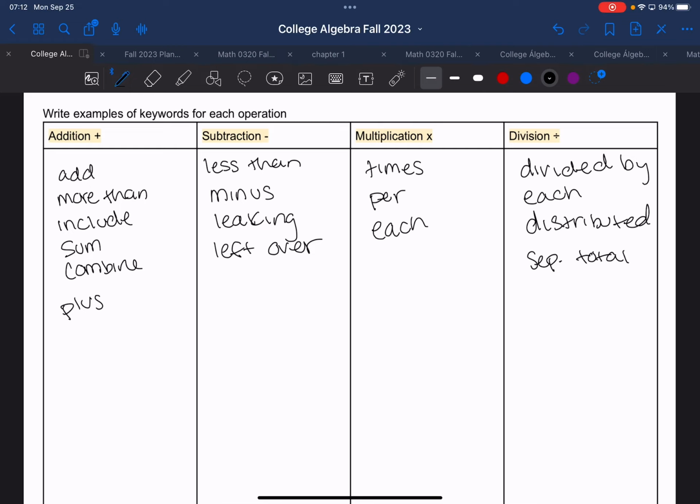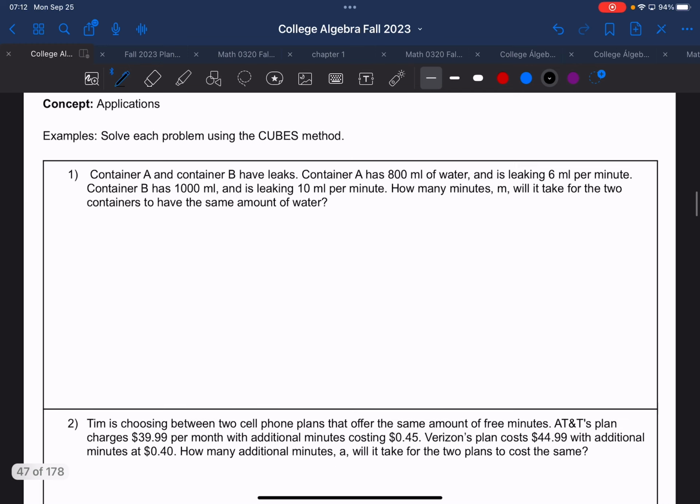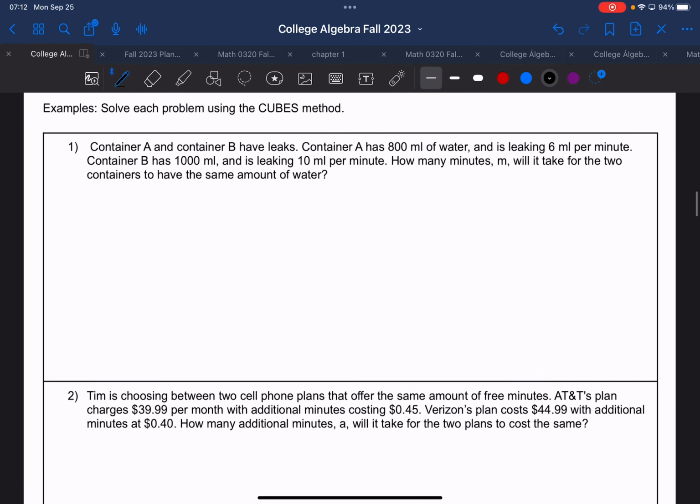So let's go ahead and look at example 1. Example 1 says container A and container B have leaks. Container A has 800 milliliters of water and is leaking 6 milliliters per minute. So before I even continue on in that problem, I am going to write that equation. Okay?